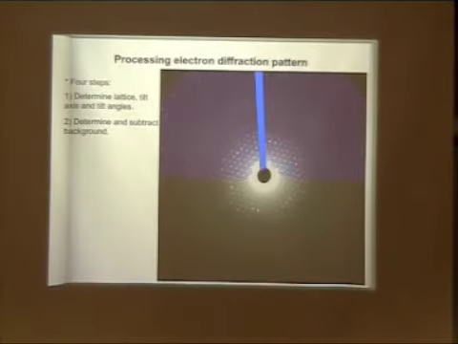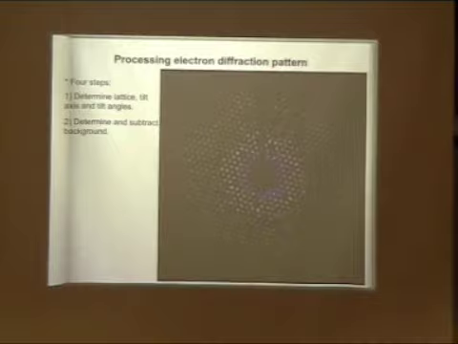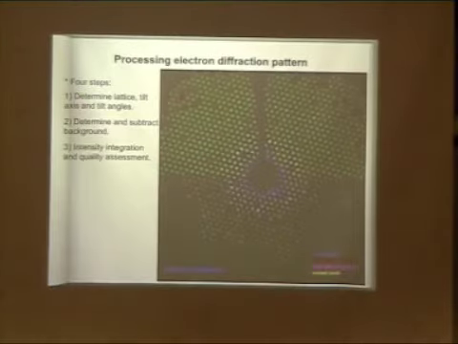Then you subtract your background and get your background-subtracted diffraction pattern. Then you integrate all the spots over all the diffractions, calculate the integrated intensity, and then you also assess the quality, say how good the R-merge is and how many strong spots with high resolution, et cetera.